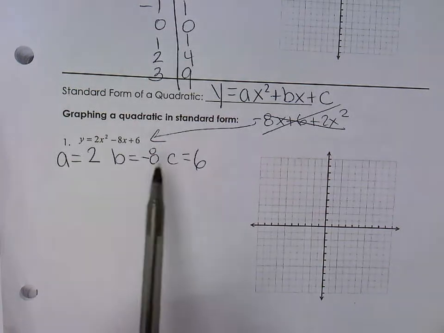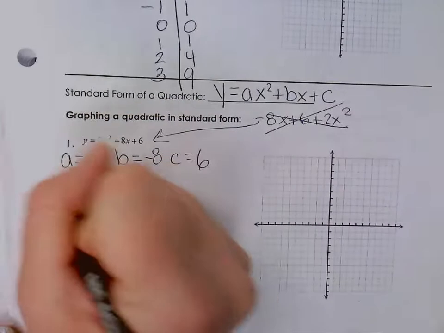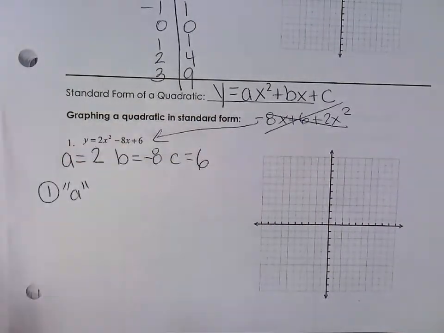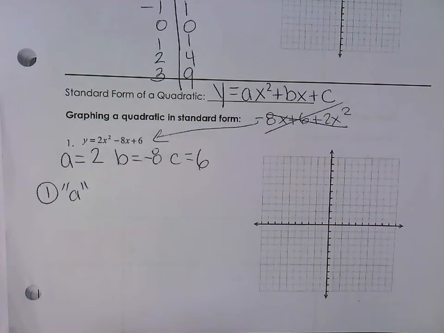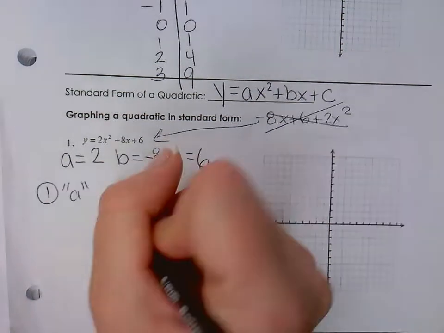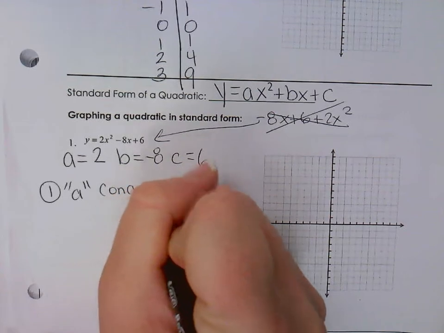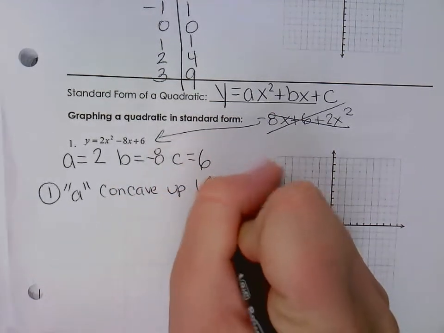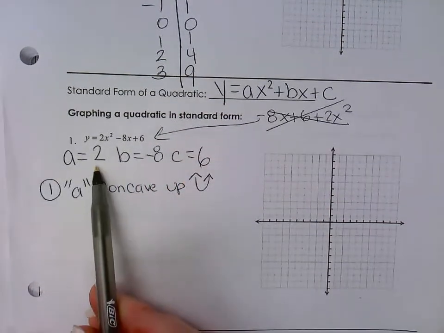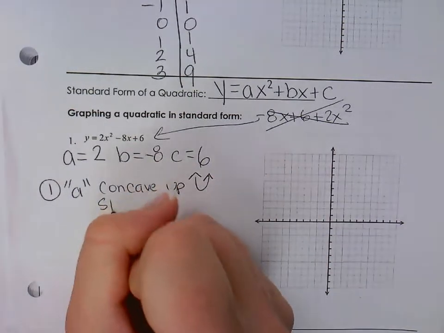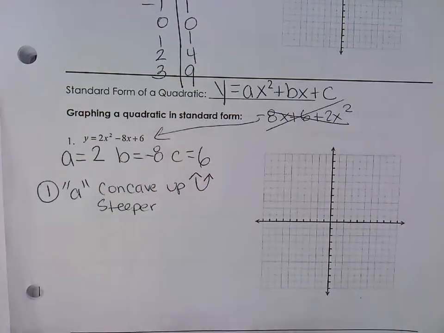All right, so now your first step is, what does A tell you? A gives you the concavity. So this is concave up, right? Because A is +2, and it's going to be steeper, because A is 2.